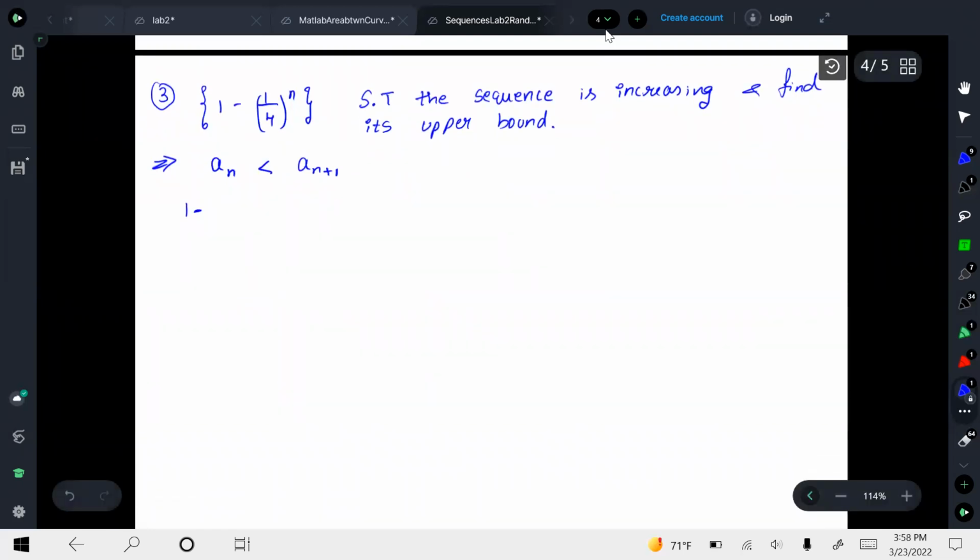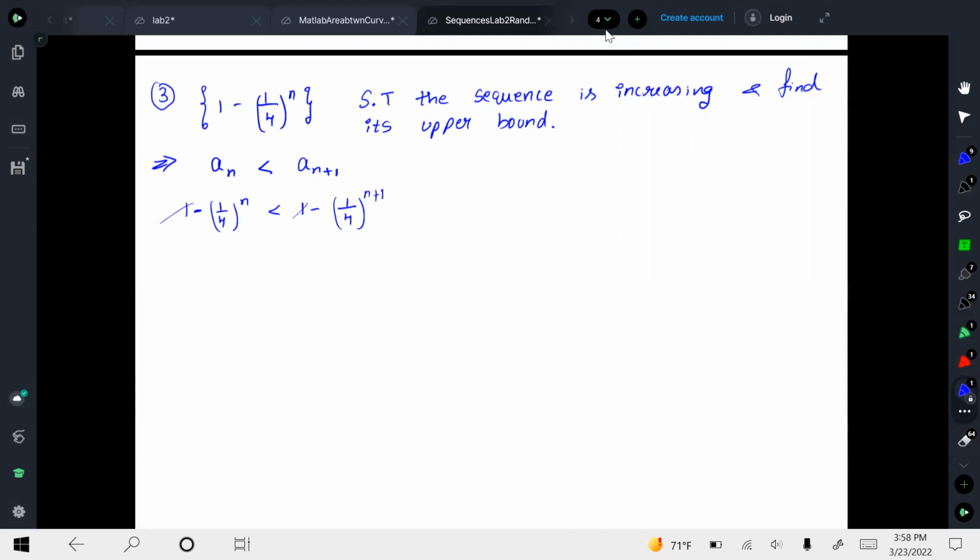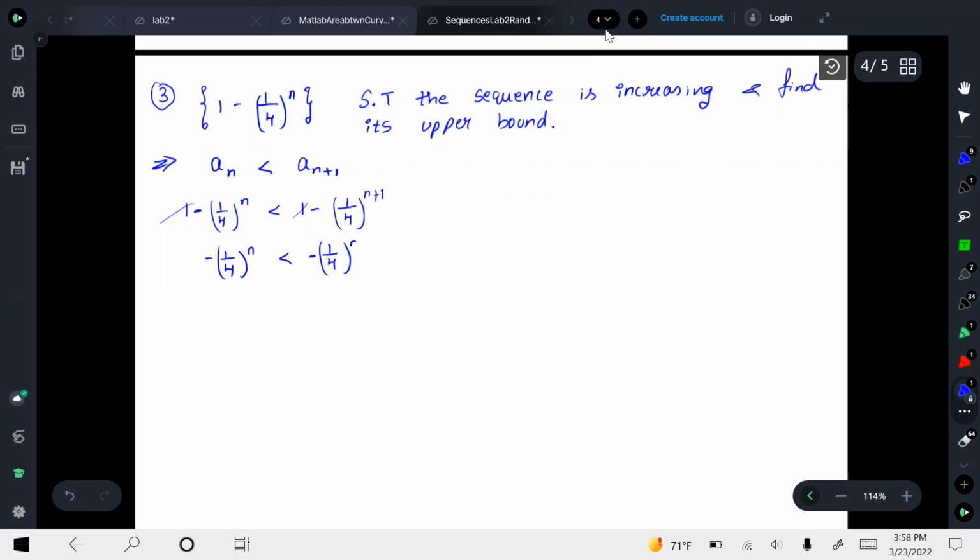An is 1 minus 1 by 4 to the power of n, less than 1 minus 1 by 4 to the power of n plus 1. So you can eliminate 1 here because you have the same thing on both sides. So you get negative 1 by 4 to the power of n less than negative 1 by 4 to the power of n plus 1.